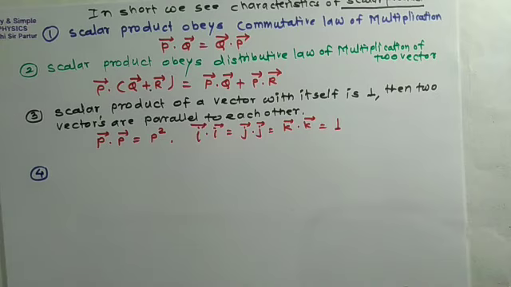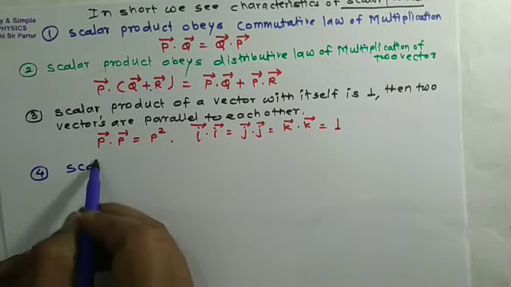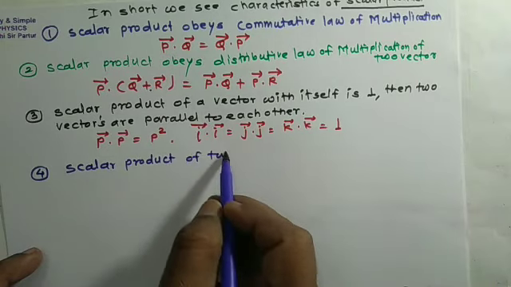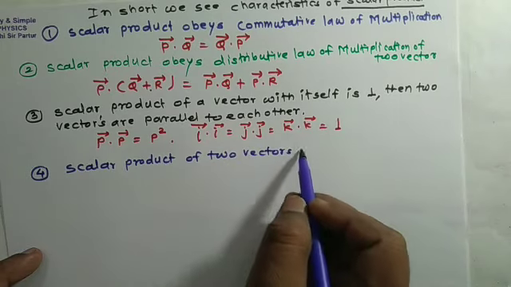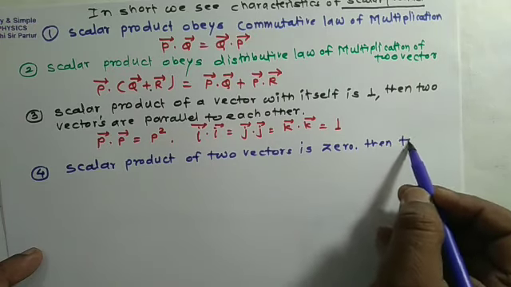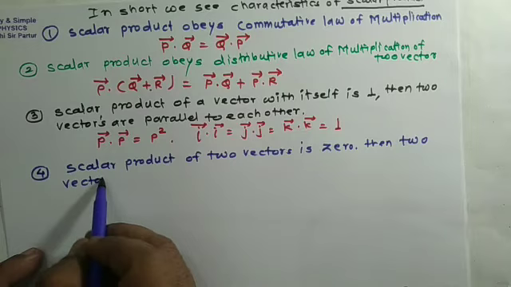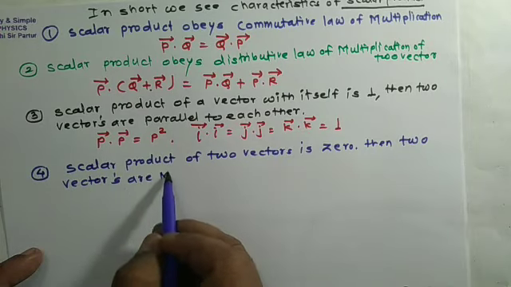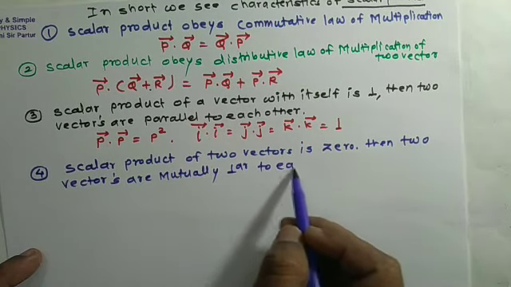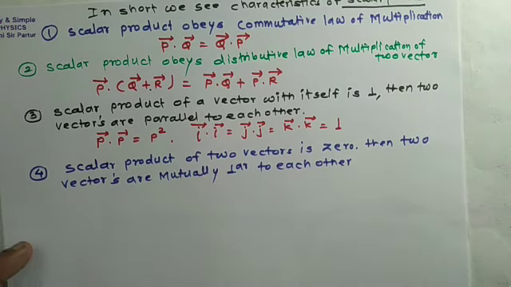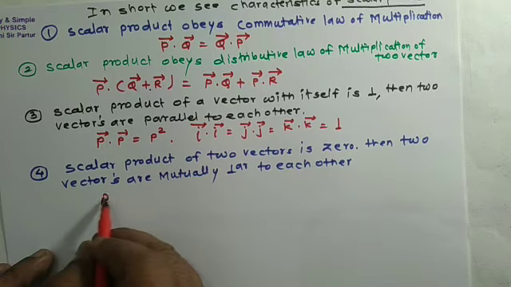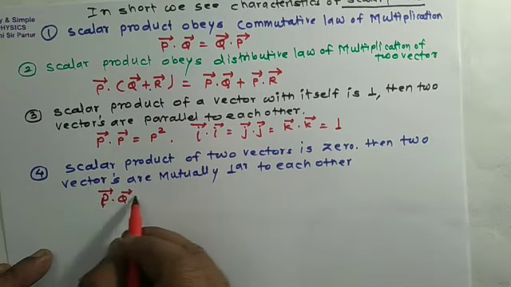Fourth characteristic will be: scalar product of two vectors, if it is 0, then we say that the two vectors are mutually perpendicular to each other. Means vector p dot vector q will be 0.